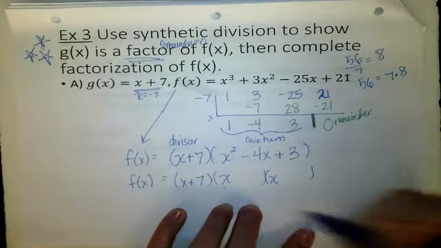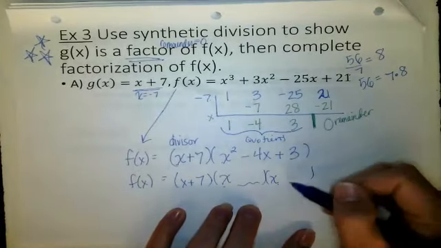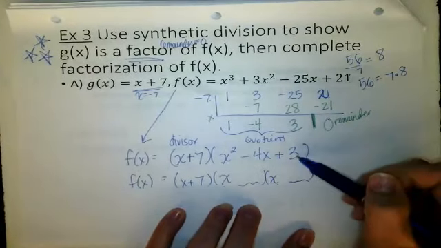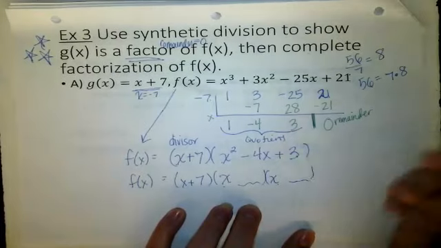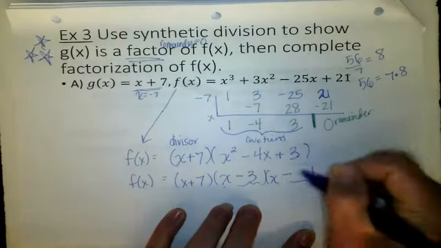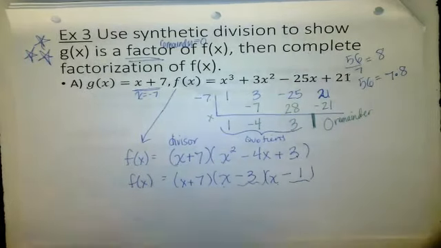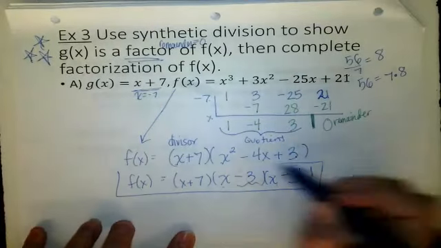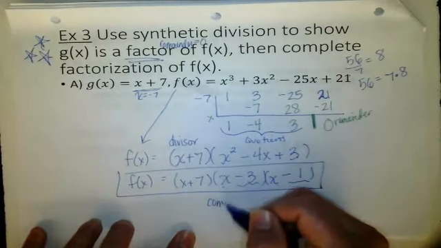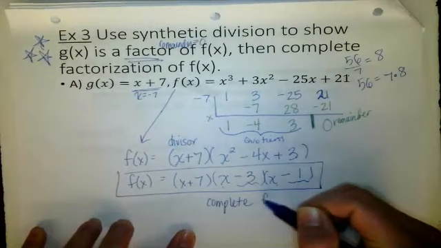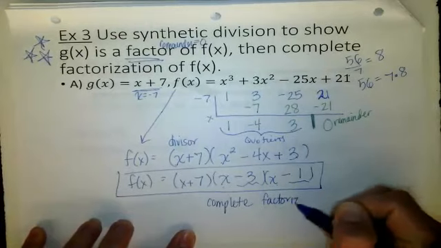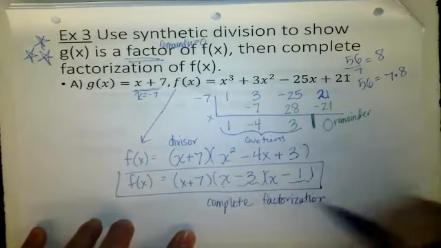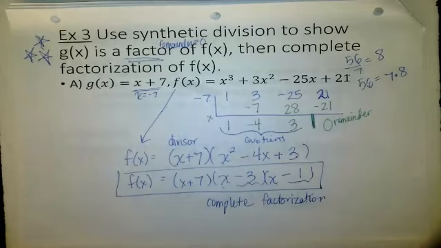Last times last is positive 3, so that's going to be negative 3 and negative 1. Okay. This is the complete factorization. Lots of bubbles, ladies and gentlemen, lots of bubbles.